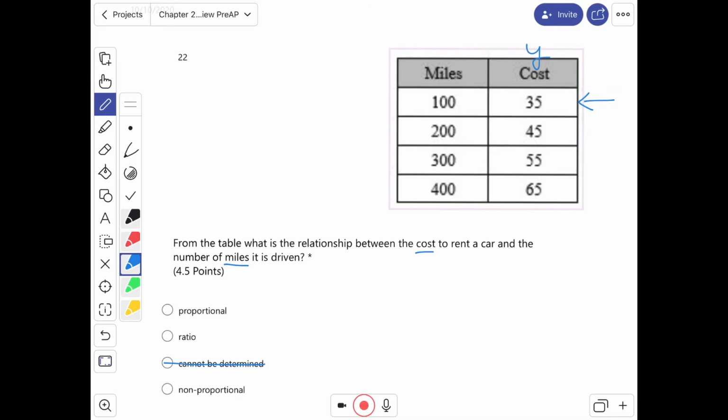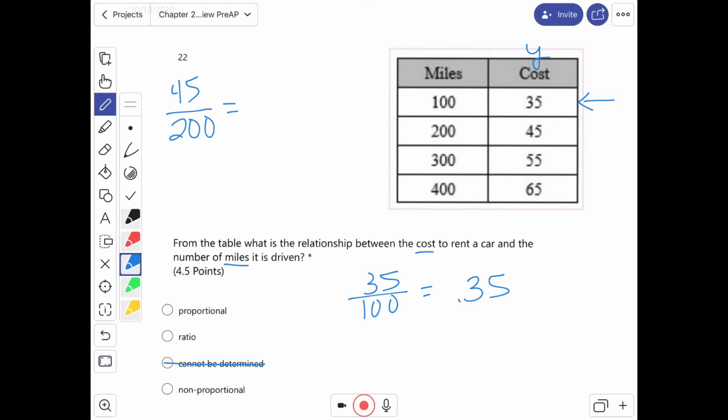It's probably not going to ever be cannot be determined, but it's going to be one of the others. And more than likely, it's either proportional or non-proportional. So we have to check each interval and see if they all come out to be the same. So 35 divided by 100, that's 0.35.